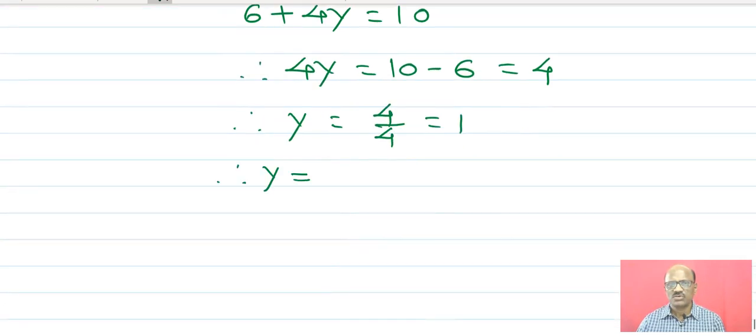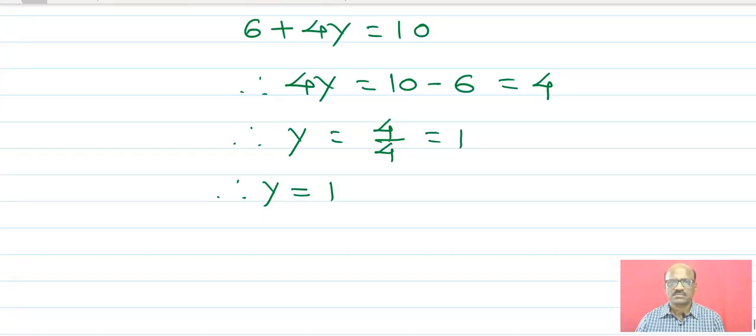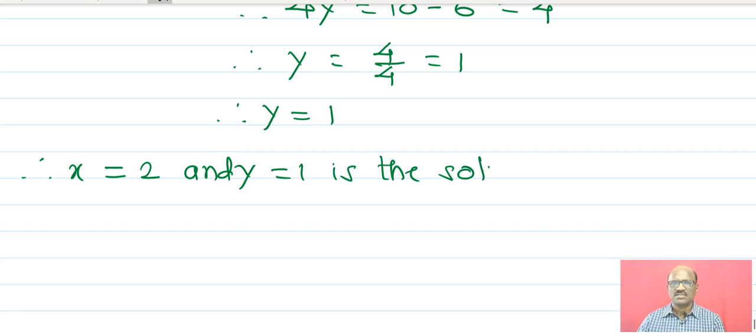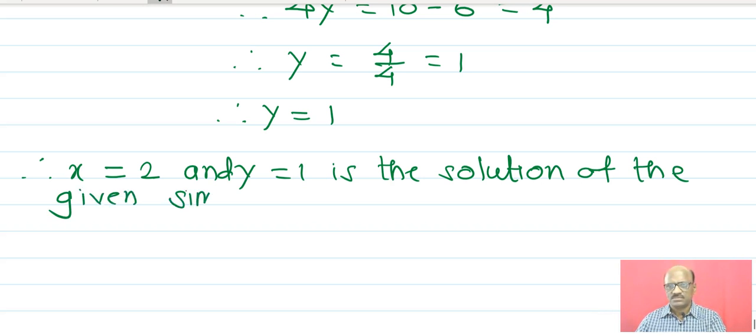Therefore, y is equals to 4 upon 4, that is 1. Now the answers are x is equals to 2 and y is equals to 1. Here is the solution of the given simultaneous equation.